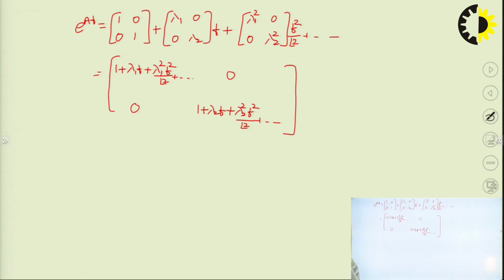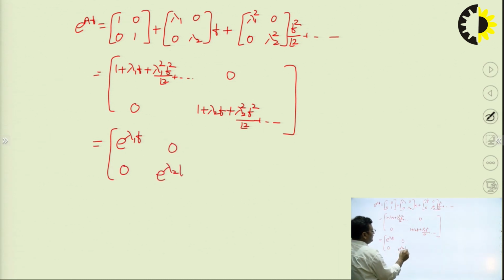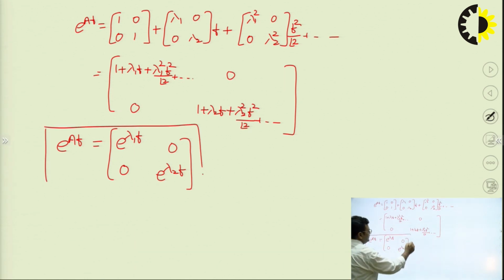And it can be written as e to the power lambda 1 t, 0, 0, e to the power lambda 2 t. So this will be the value of e to the power At. By this way we can find the state transition matrix.